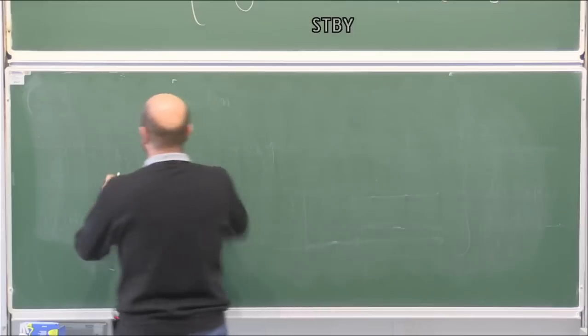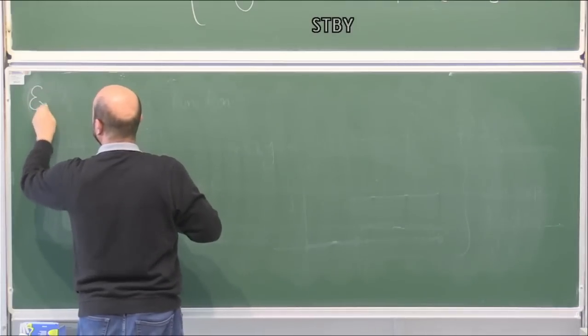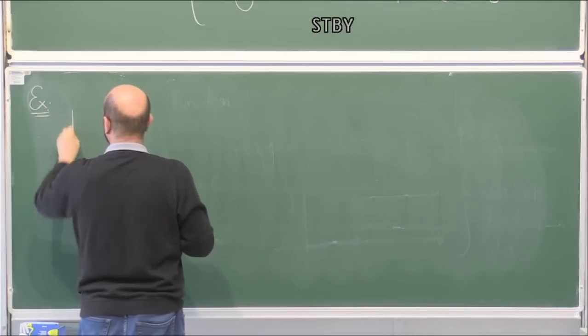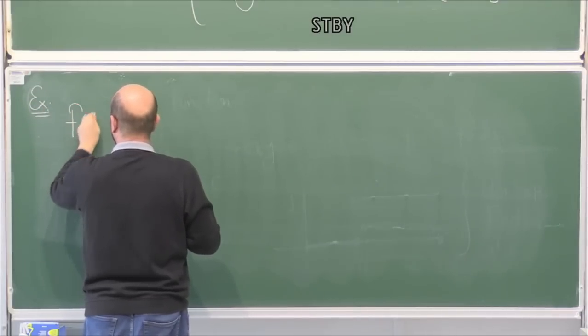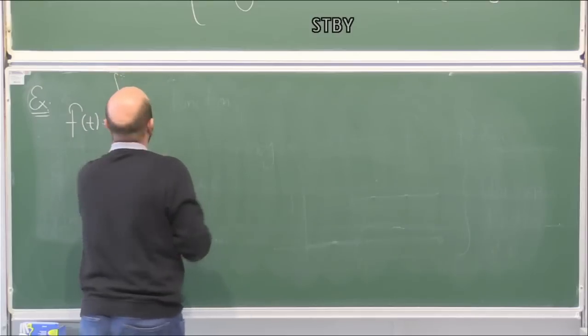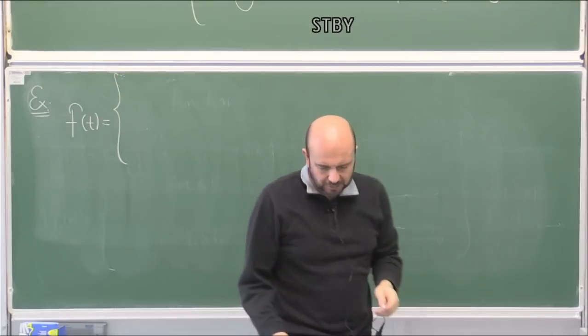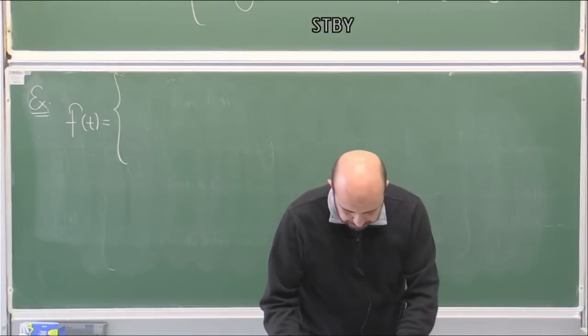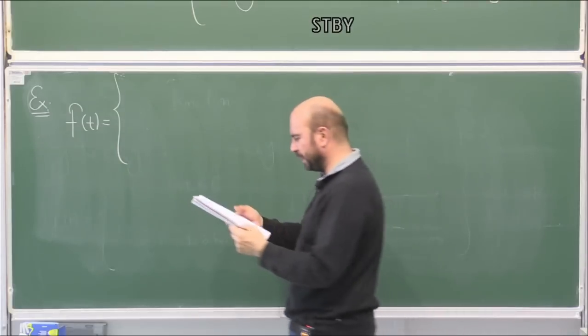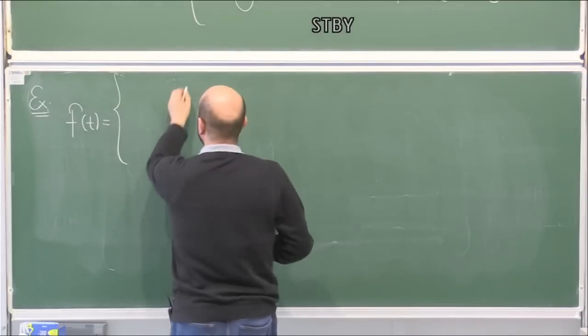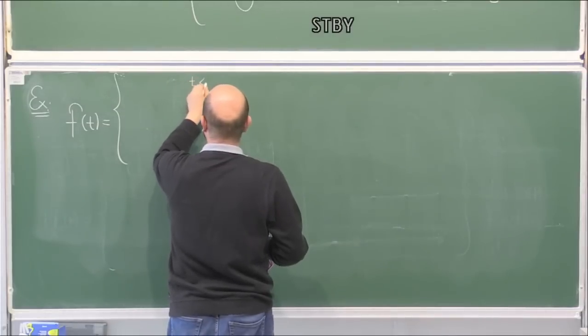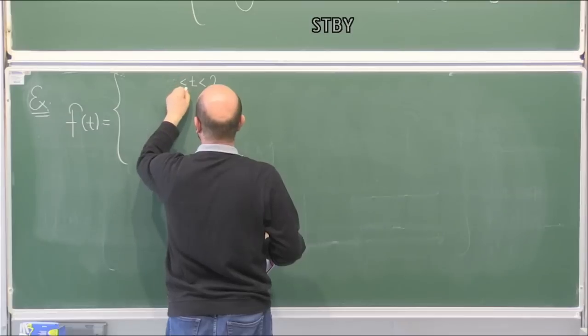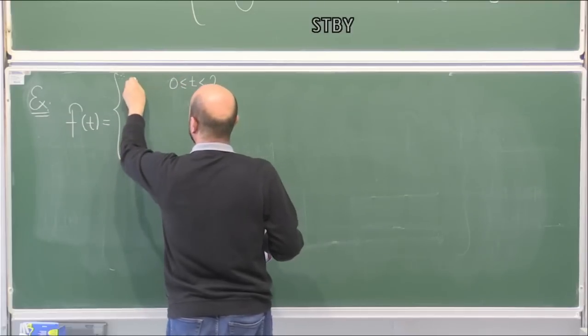All right. Now let's take an example of a piecewise defined function. So let's look at the following example. When time is less than 2, it is 0.